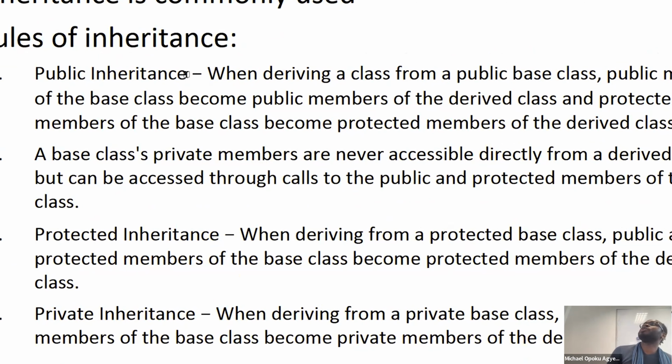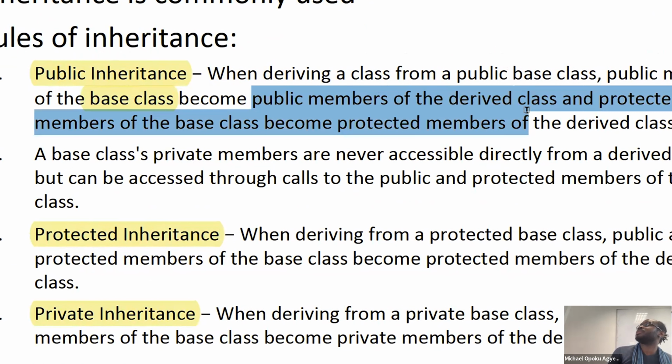But in terms of the rules for the inheritance, we've got public, protected, and private. When you inherit using public, the public members of the base class, that's the public members of the parent class, will become public in the derived class.